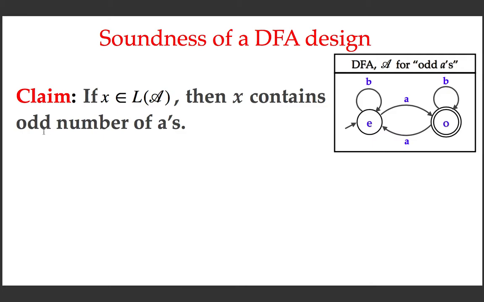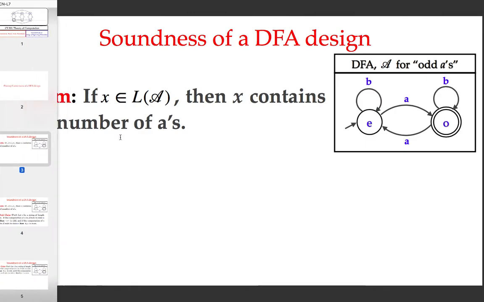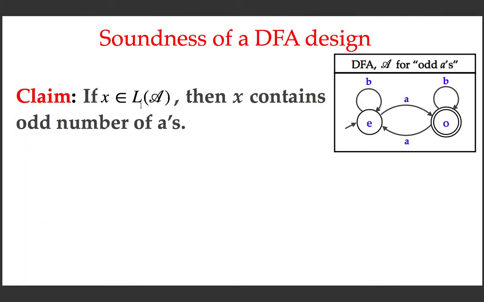In other words, in soundness we are trying to prove that the DFA will not accept a bad string. In this example, a string is bad if there are an even number of A's. So we want to prove that when X is accepted by the DFA, then there are an odd number of A's in X.